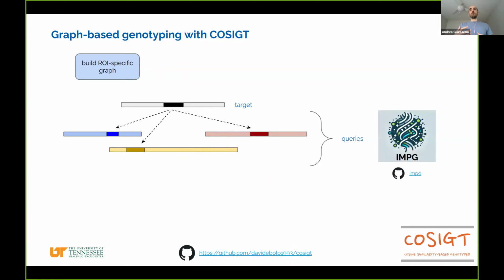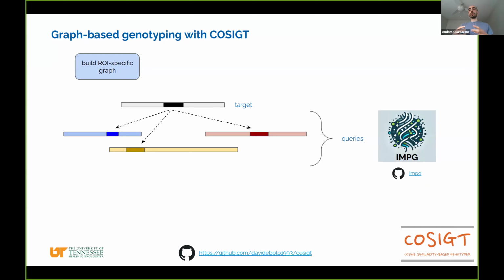For doing that, we are using the implicit graph model, the IMPG toolkit. That's a new toolkit that we're using to work better on graphs, but in the alignment space.